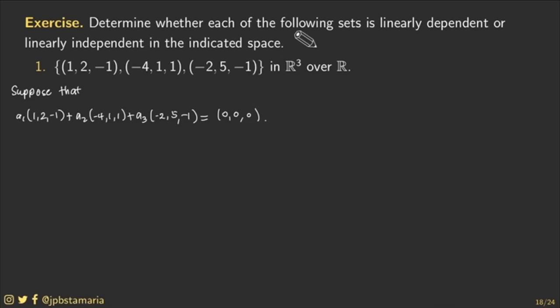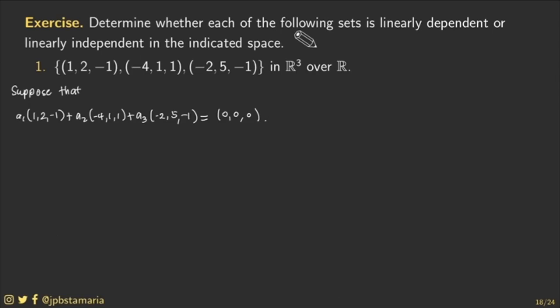Our goal is to find all the possible values of a1, a2, and a3 so that this is true. If the only possible values that satisfy this equation make all of these 0, then the conclusion is that the set is linearly independent. But if there is a non-trivial choice for a1, a2, and a3, then what? We get linear dependence. So let's look at this example.